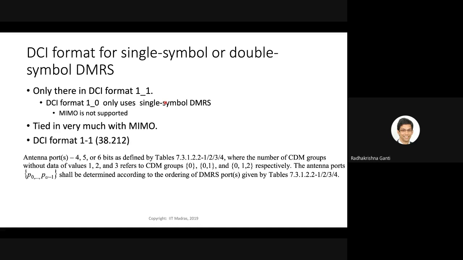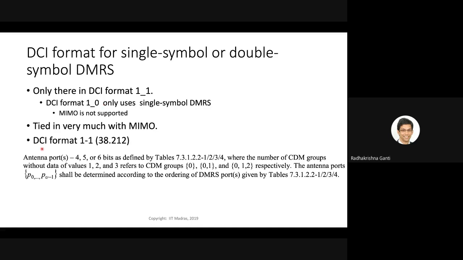The only problem happens when MIMO is used, because multiple ports come in with MIMO, and in that case DCI format 1.1 is used. So the question is, how do you decide whether PDSCH and DMRS are multiplexed or not? That is what we are going to look at now.